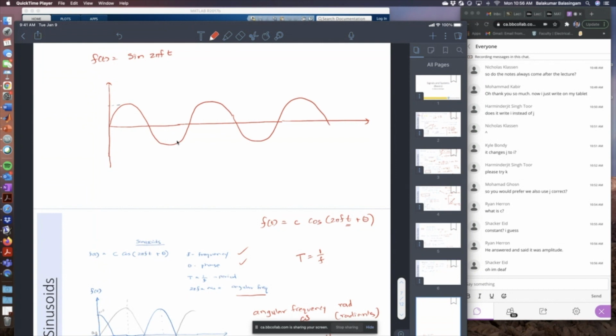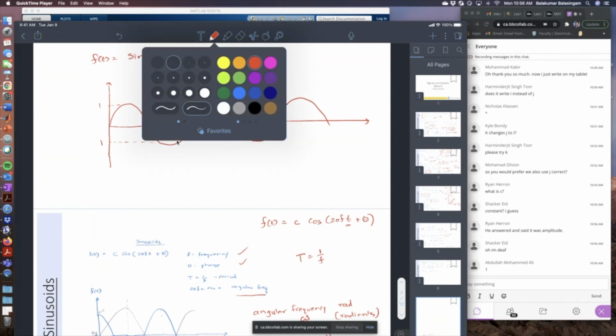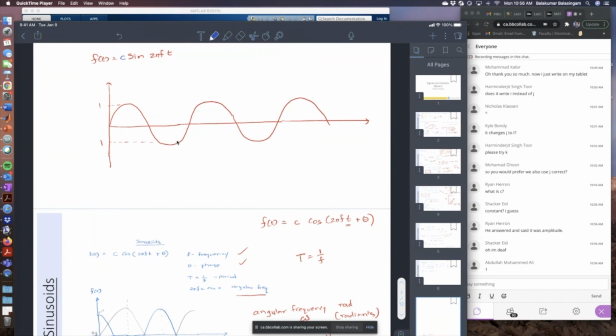So can someone tell what is this value? This value, that is 1. Yes. So if I multiply this by C, then instead of 1, that is going to be C. That's amplitude. C.